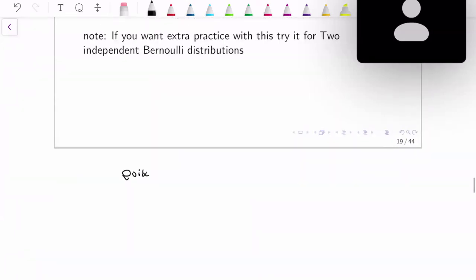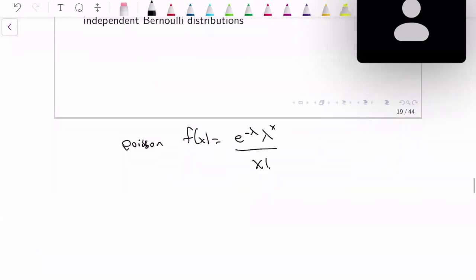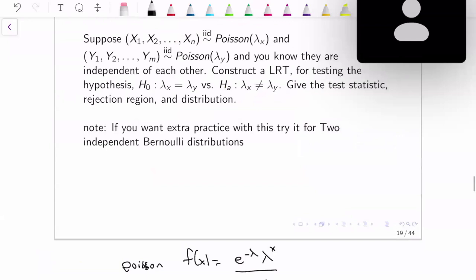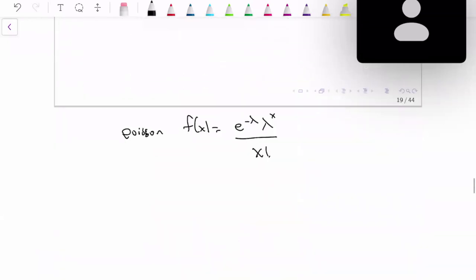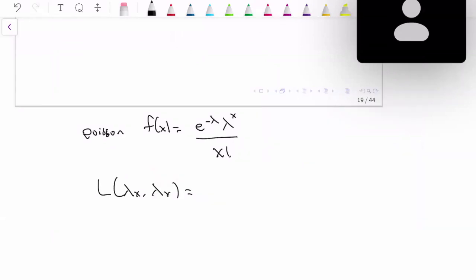Remember, the Poisson likelihood is e to the negative lambda, lambda to the x, over x factorial. So if we have two populations coming from a Poisson distribution, we'll have a likelihood with respect to lambda x, lambda y, and it's just the multiplication of those two.